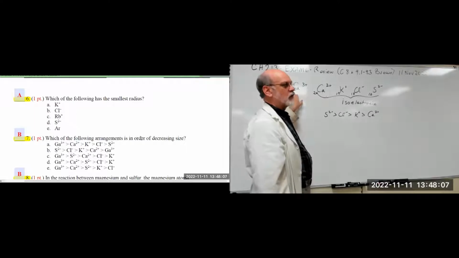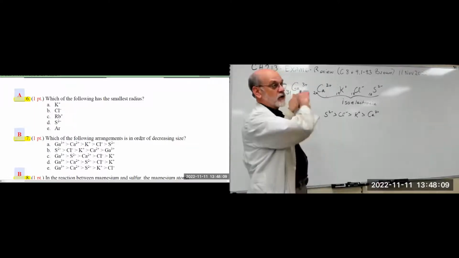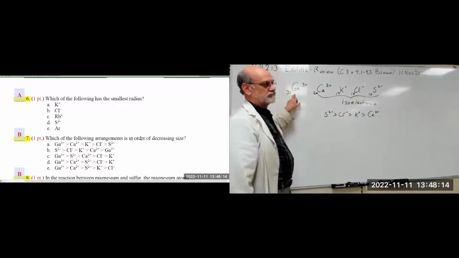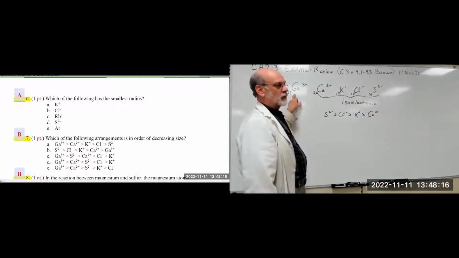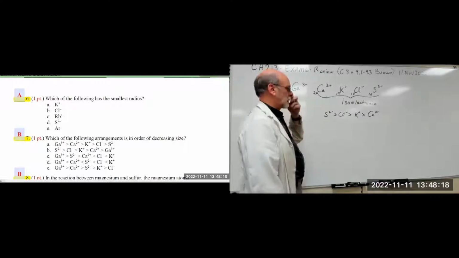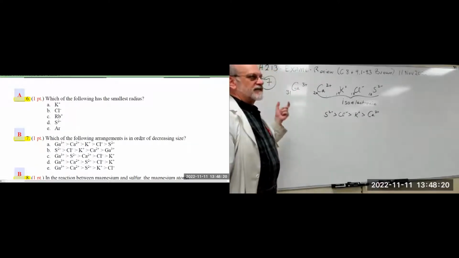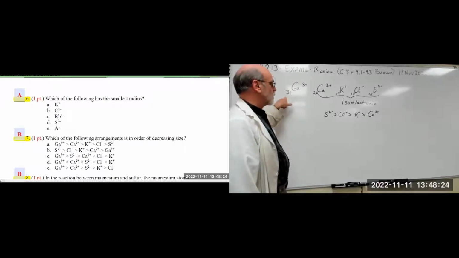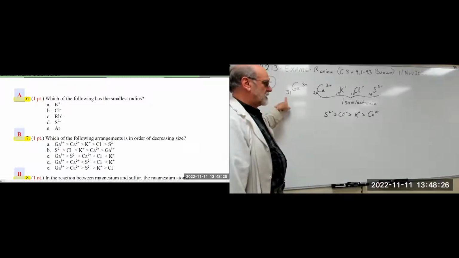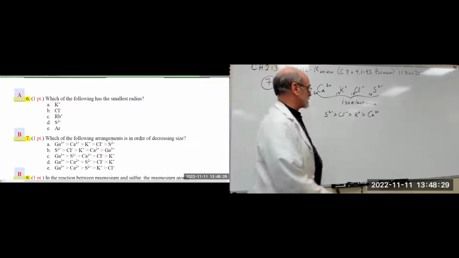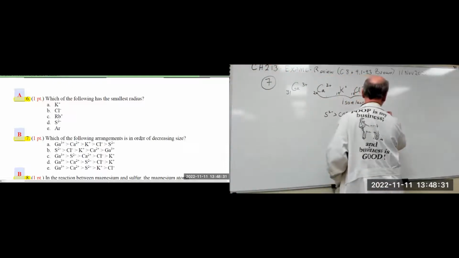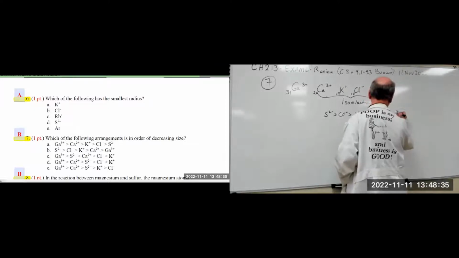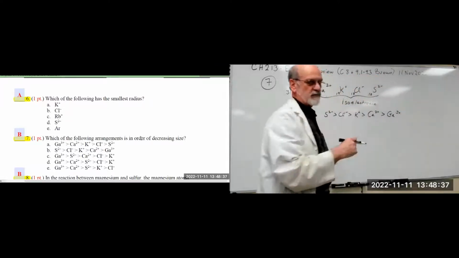Because we've gone all the way across from calcium to gallium, we have to cross over that whole list of d orbital fillings to get there. The thing is that even though you have those d's, these do have 31 protons. So I'm willing to put gallium on this end as the smallest ion of the bunch.